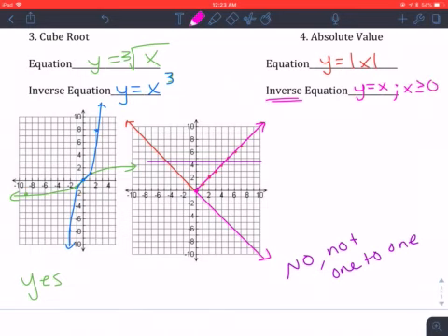Don't stress about this, you definitely don't have to memorize it, but I'm giving you the equation for the inverse in case you wanted to know it. y equals negative x gives us this bottom part right here, but our x also has to be greater than or equal to 0. So we're only looking at the right sides of these two lines.